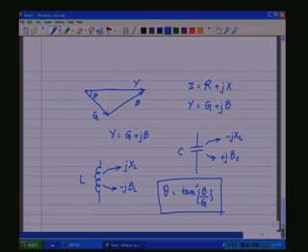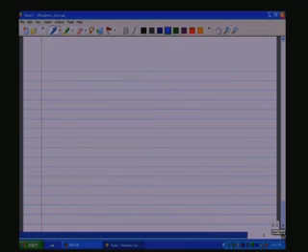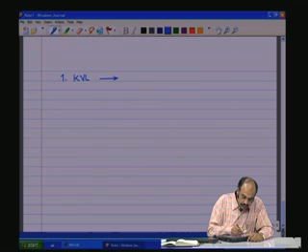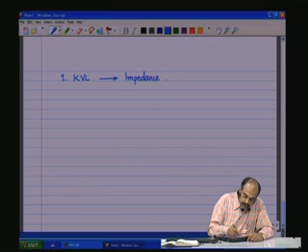This is the angle between I and the voltage phasors. So, you see that if we use KVL for solving a loop equation, we would land up with an impedance triangle.